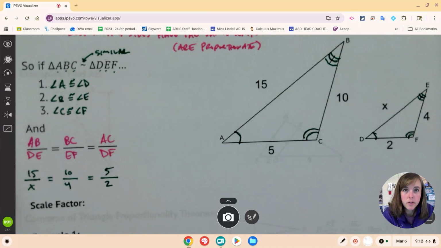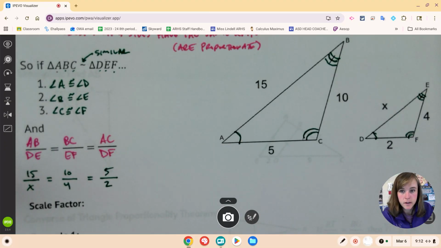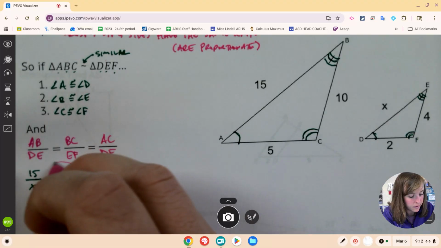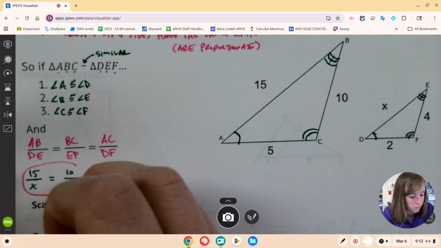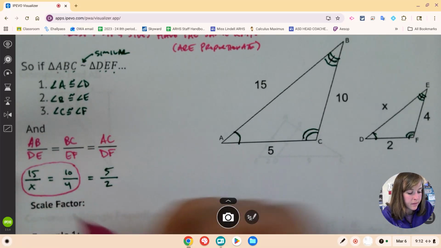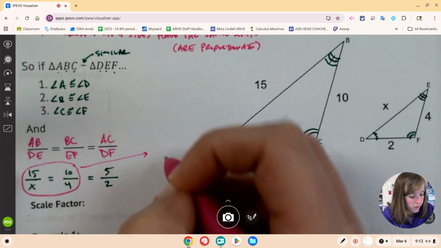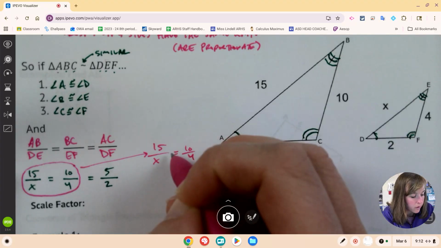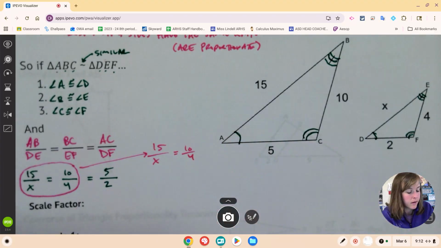Okay, so a couple of things with this. First off, one way that we could solve for this missing X, yesterday we learned all about solving ratios and proportions. We could take this one, kind of pull it off over here. 15 over x equals 10 over 4, and we could solve this.